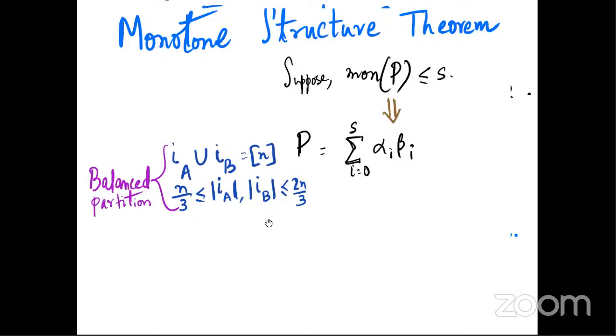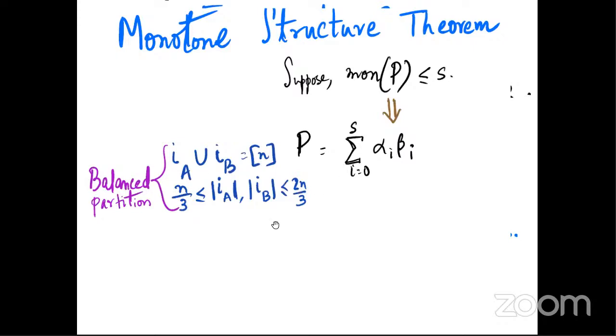For the ith term alpha I times beta I, alpha I depends on some of the blocks. So IA is the set of blocks that alpha I depends on, and IB is the set of blocks that beta I depends on. And this forms a partition. This is what the structure theorem says.